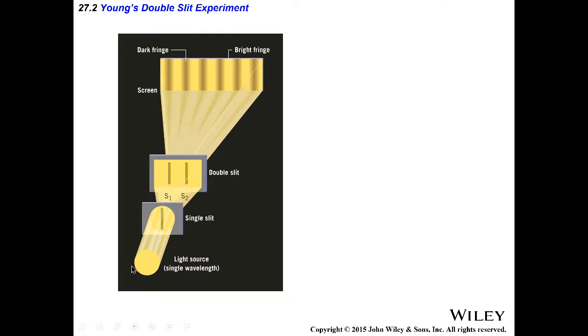If it is not a single wavelength, you will then have bright, let's say red, and then dark red, bright red, dark red, but then you will have bright green, dark green, light green. So it will be a lot of rainbow colors mixed up all together.